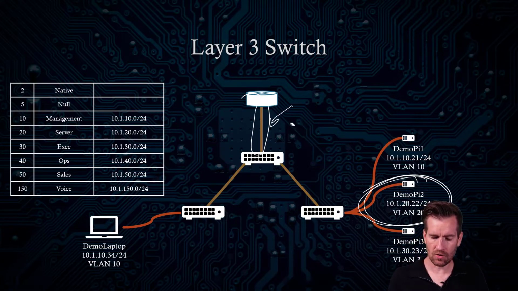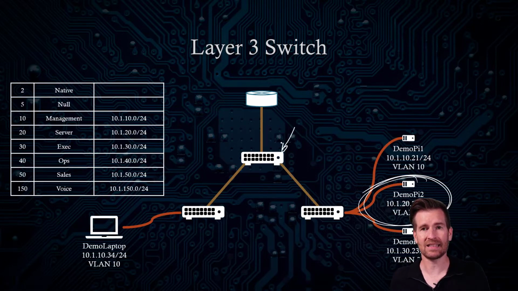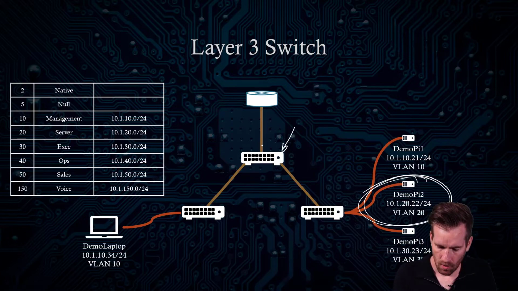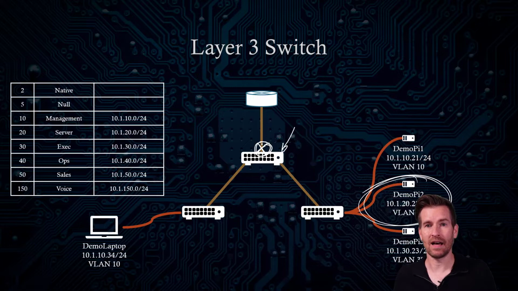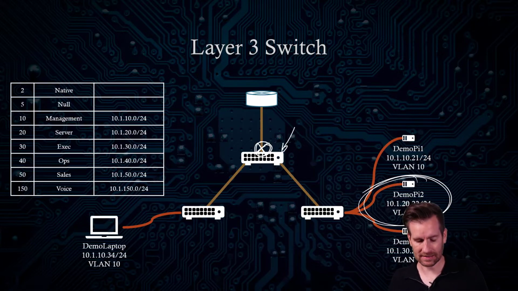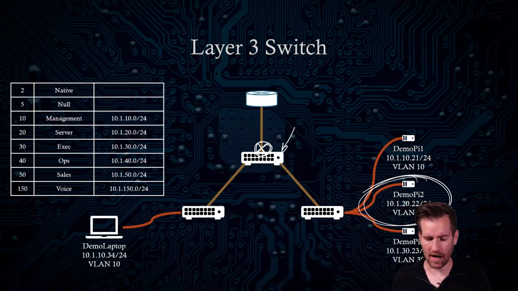So what we can do is set it up where the layer 3 switch acts as the router. Essentially, we're installing the router right here on the edge of the network still. So it's like a virtual router that's inside of the switch right here.